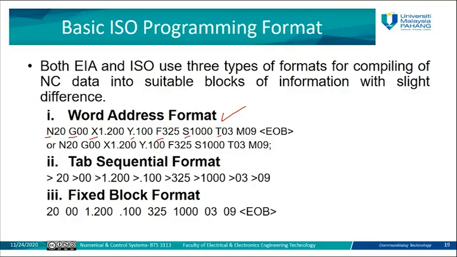While in the tab sequence format, we have the tab value here which splits between the different numbers. And here we have only fixed block, which consists of numbers only. You can see only numbers. So our focus will be on the first type, which uses the letter with the number. And this we call the word address format.